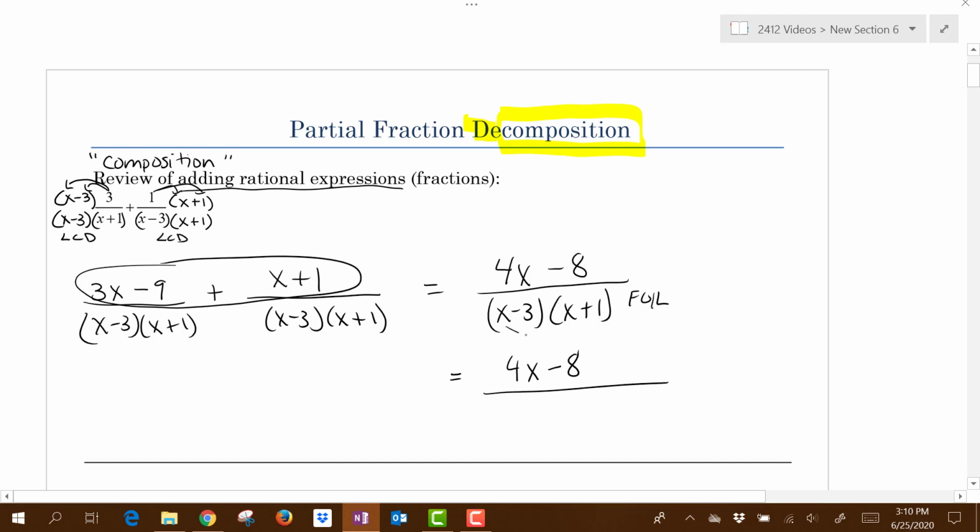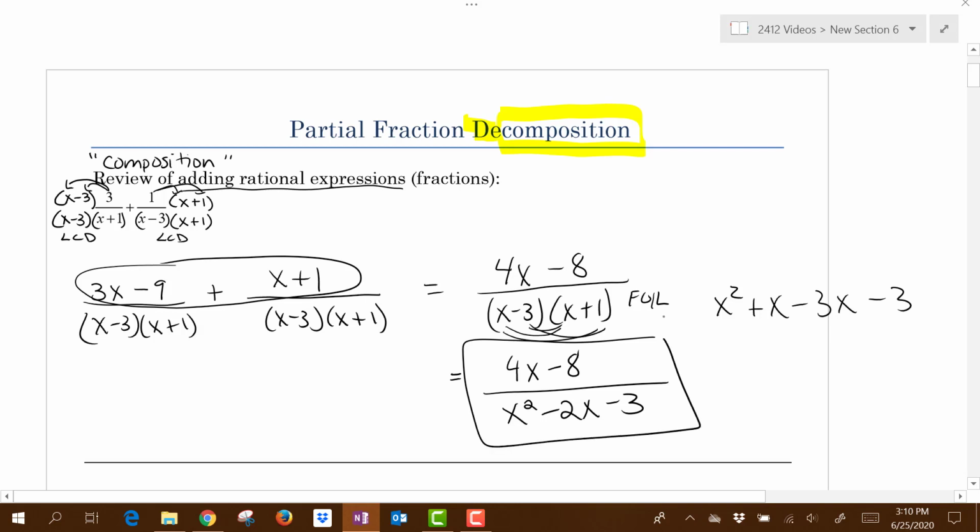Let's go ahead and just do that, see what it looks like. First times the first would give me x squared. Outer times the outer would give me, was that x? Inner times the inner gives me negative 3x, and then last times the last gives us a negative 3. When I combine the like terms, we get negative 2x for that middle term. So this is what we would call composition.